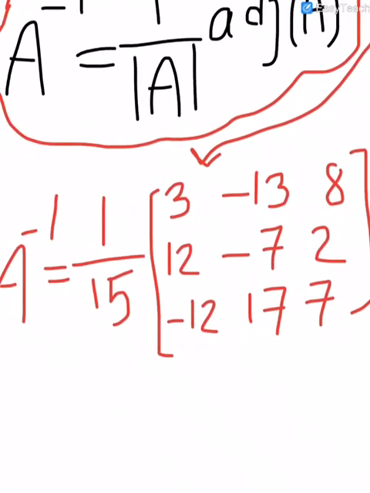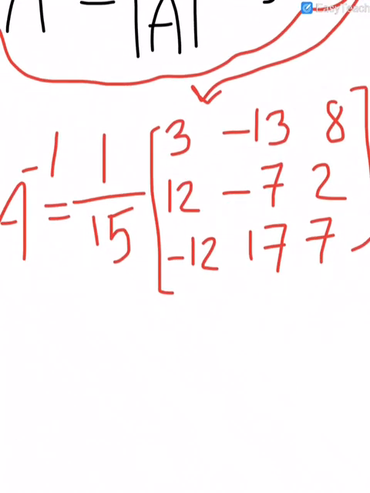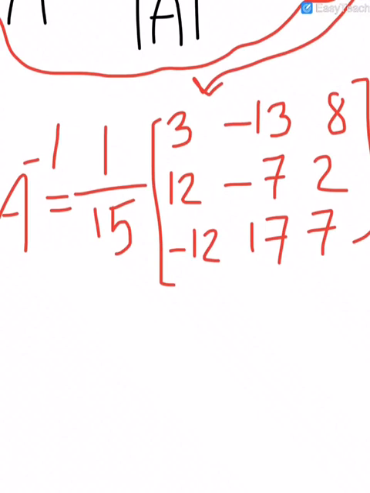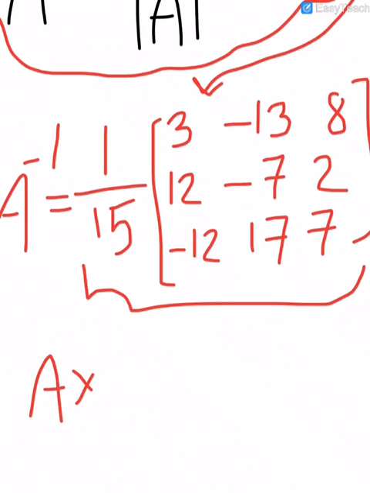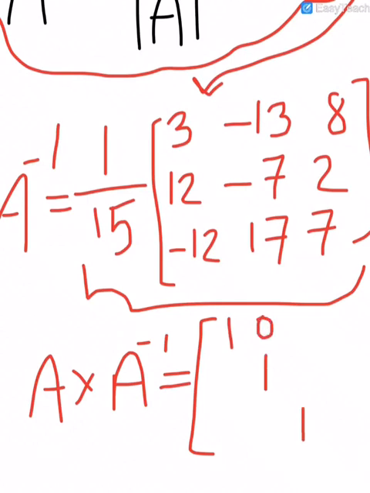We found it. Congratulations. Now, as a practice for you, you have the matrix A and A minus 1 in here. Prove that A times A minus 1 is equal to 1, 0, 0, 0, 1, 0, 0, 0, 1. Prove this at home.